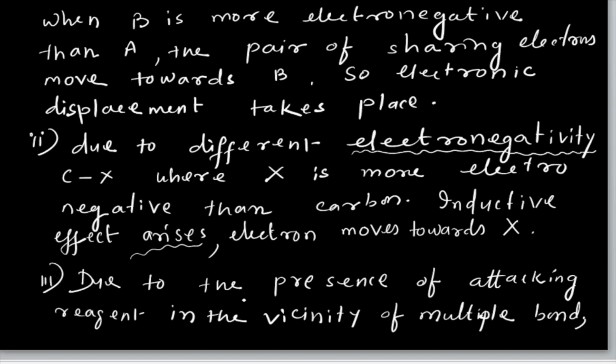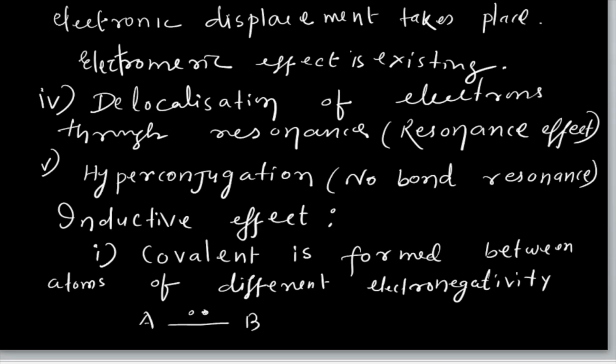Other effects arise in the presence of multiple bonds, maybe double or triple bonds. If a double bond, that is an alkene. If a triple bond, that is an alkyne. Here also electronic displacement takes place, because you know pi bonds are very weak compared to sigma bonds.